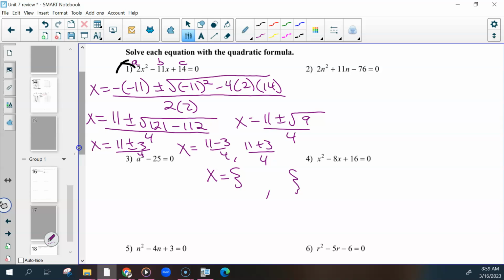Over 4, 14 over 4. Both of those would equal 8 over 4, 2, and 14 over 4. Put it in your calculator. 7 over 2, yes.